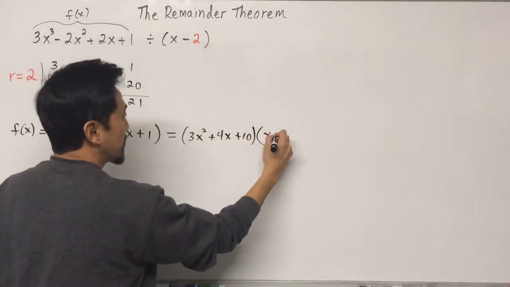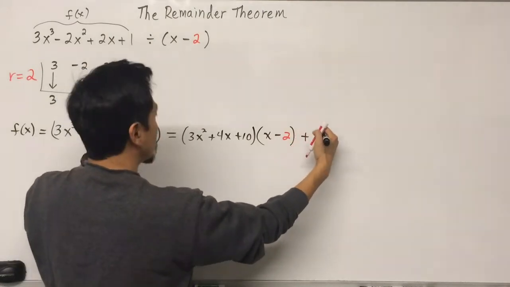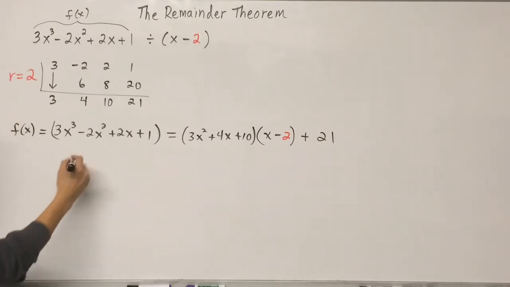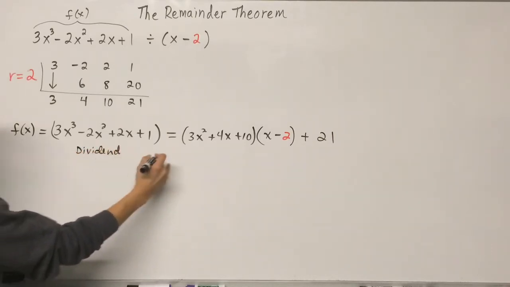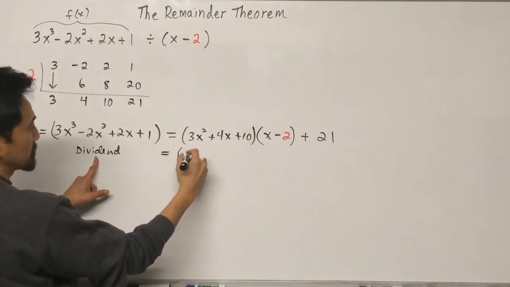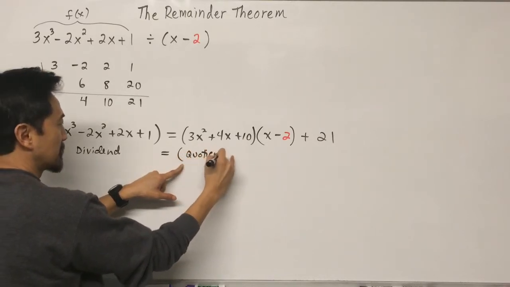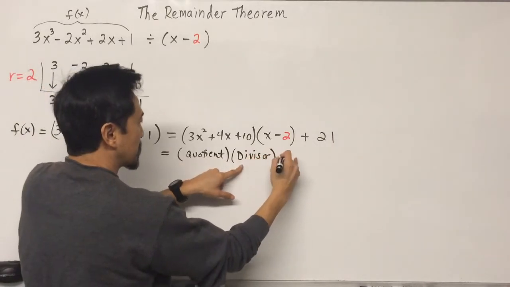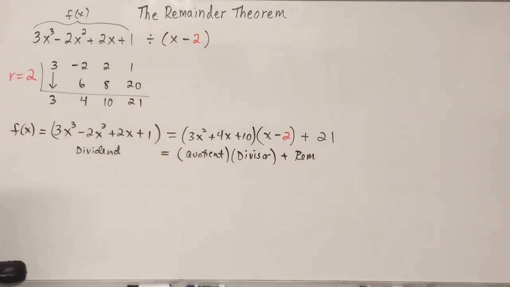The divisor was x minus 2, okay? And then we can add the 21, which was the remainder, okay? So remember, the f of x was the dividend, and the division algorithm said that the dividend could be represented in terms of the quotient, which then gets multiplied by the divisor, and then we're going to add the remainder, REM for short.